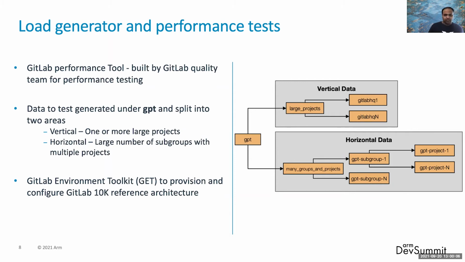It is again built by the quality team at GitLab, and it uses Terraform and Ansible that supports the configuration and provisioning of machines for the infrastructure and for these reference architectures. So you can use this as is with some tweaks made for each kind of architecture, and it supports deploying all reference architectures dynamically from 1K to 50K.